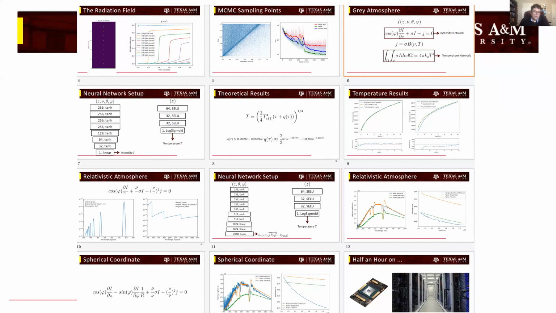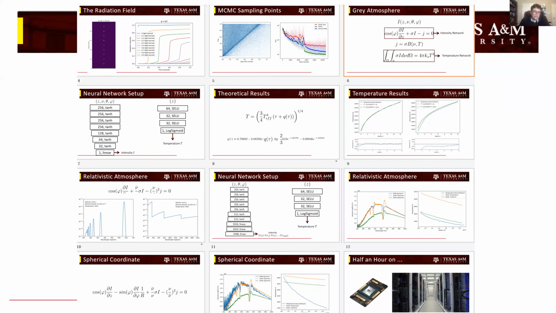It seems like for this TARDIS, you have two spectra, and you also have two temperatures, right? And it looks like the prediction from PINNs agrees quite well with the original curve rather than the green curve.